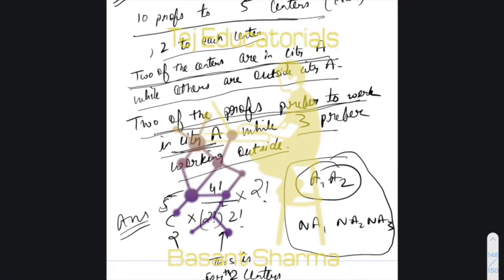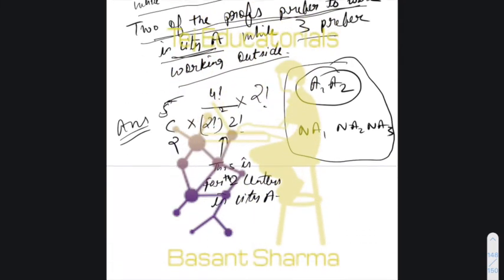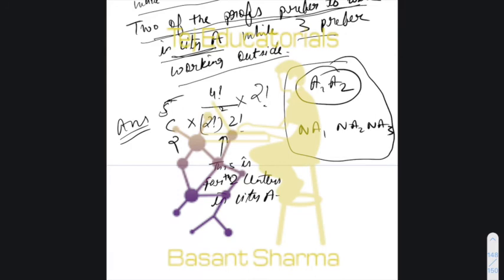Okay, done. So first of all, from the 5 remaining professors who can work anywhere, I selected 2 of them. See, 3 of them prefer to work outside, so I can't choose those for the centers in city A. So I have only 5 options. Out of these 5, select 2.